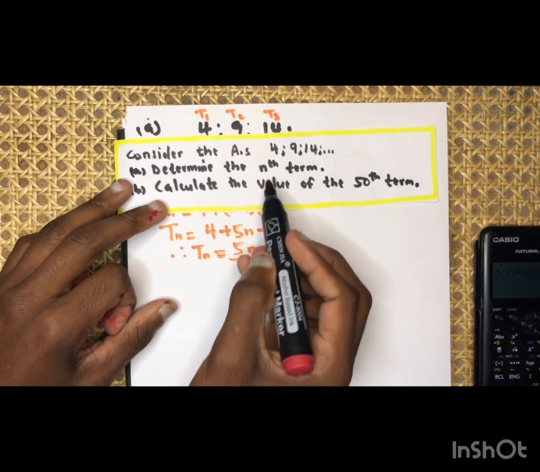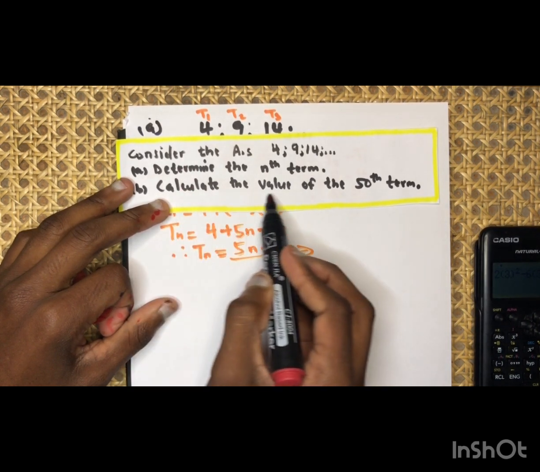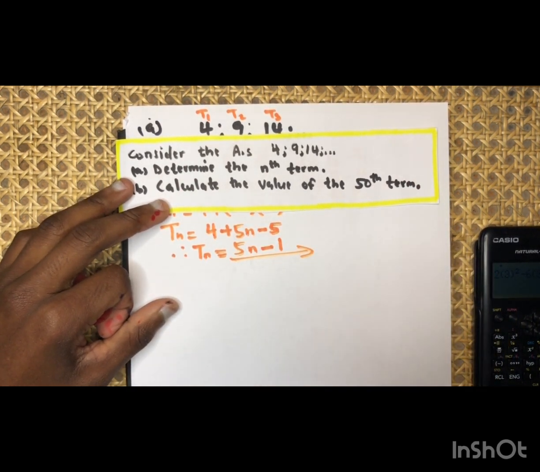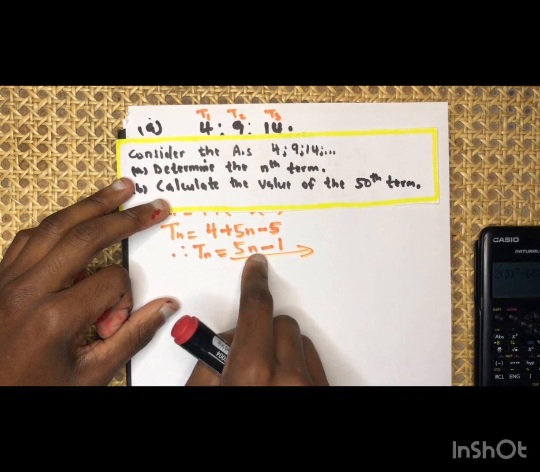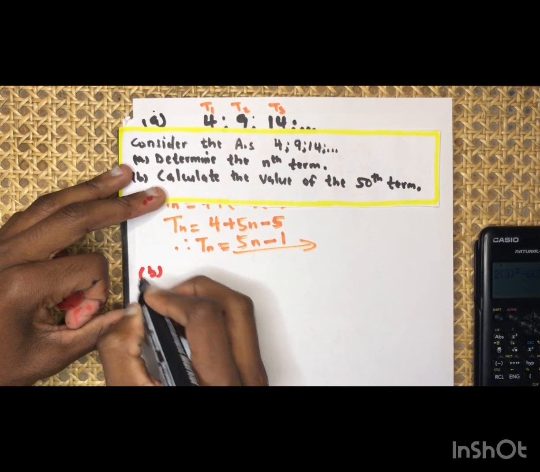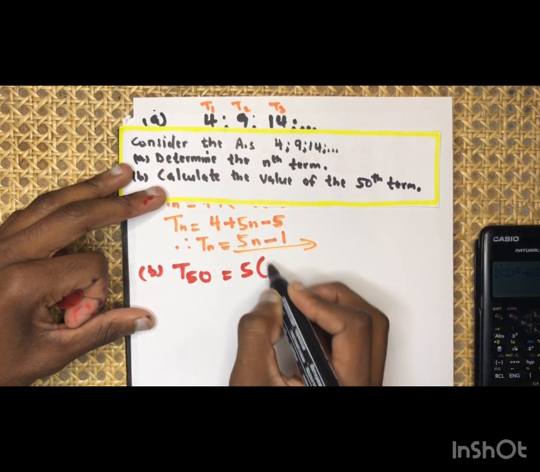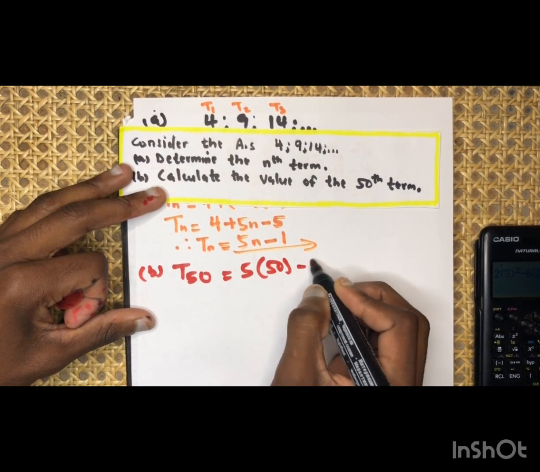So if this question was not given, let's say the first question was saying calculate the value of the fiftieth term, your first step was to find what? The nth term, so that you can find T50 easily. So for B, I'm going to say T50 equals 5 in place of n, then I put 50 minus 1.